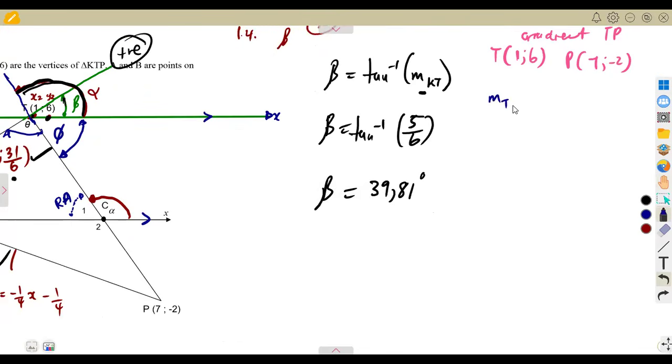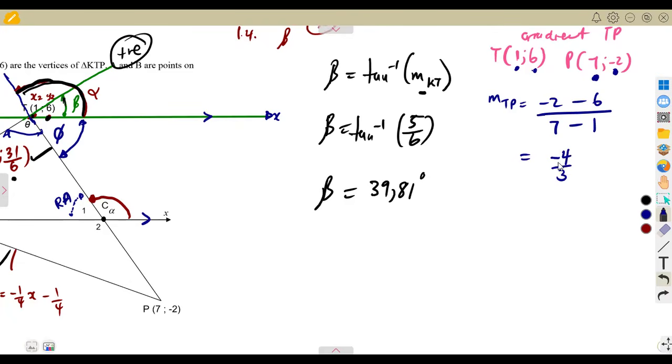The gradient of TP is the change in Y over the change in X: Y2 minus Y1, the Y value of the second point minus the Y value of the first point, over the X value of the second point minus the X value of the first point. This gives us the gradient of TP, which is minus 4 over 3.